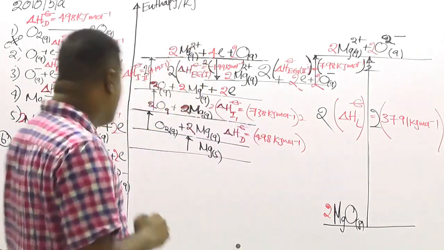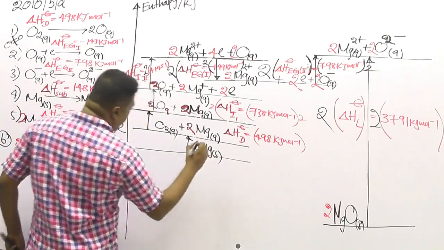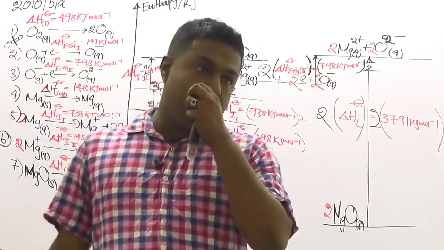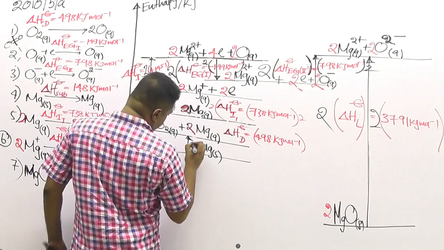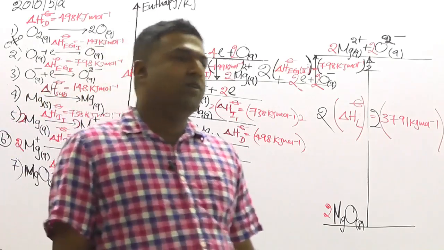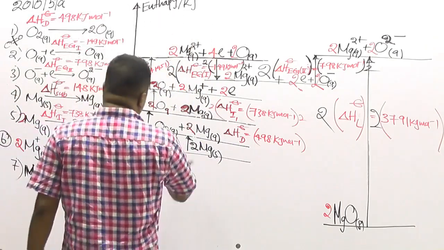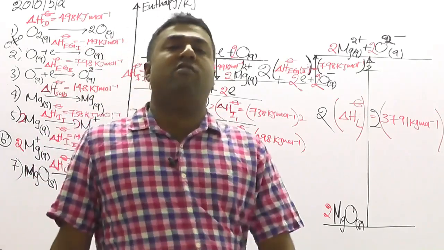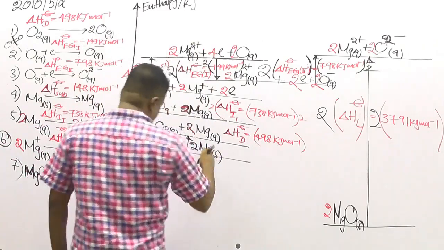To produce 2 moles of Mg gas, you need 2 moles of Mg solid.